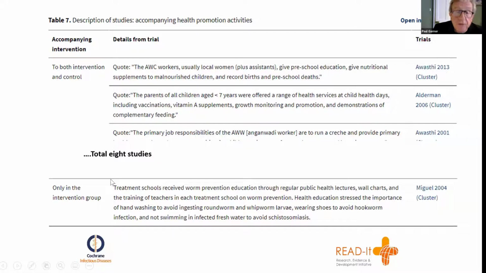And this wasn't just deworming, it was preventive education through regular public health lectures, wall charts, training of teachers, health education, where extra money was also going into these schools. So the fact that the children's attendance increased was nothing to do with the deworming. It was to do probably with the activity going in to the schools.